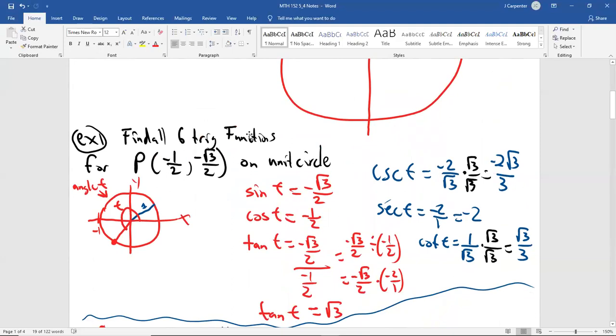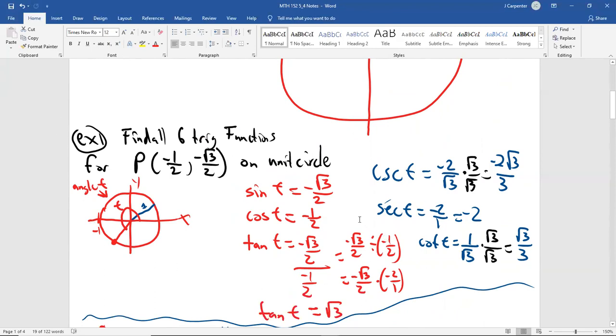We talked about how if you have to do trig functions of a coordinate pair, and those points have to be on a unit circle, which you would really have to prove unless they tell you that, then you can just say sine is the y value, cosine is the x. We said this is a pretty atypical problem though.